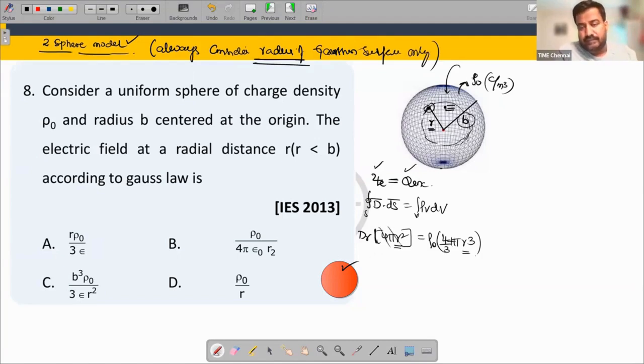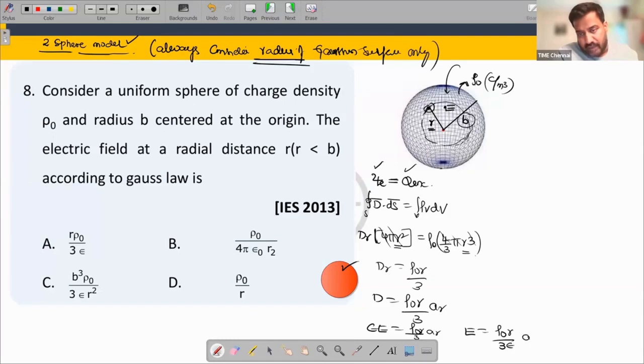So Dr is rho naught r by 3. D is Dr ar, rho naught r by 3 ar. D is epsilon naught Er, or epsilon times E. E is rho naught r by 3 epsilon ar.